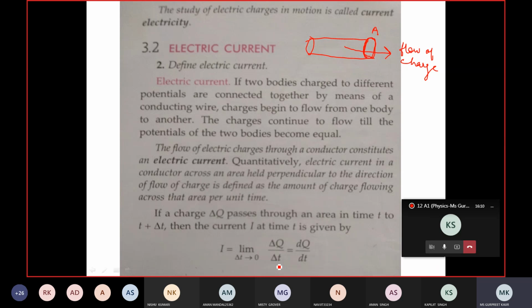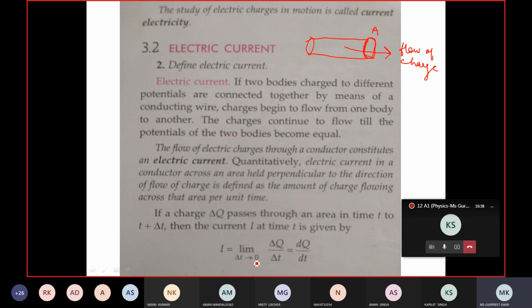But I want to find the current at any instant. For any instant, you will put a limit on this time interval. Yani the time interval is taken so small that it approaches zero and becomes an instant.